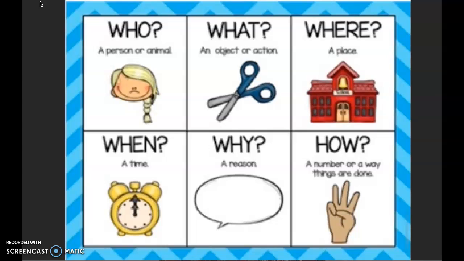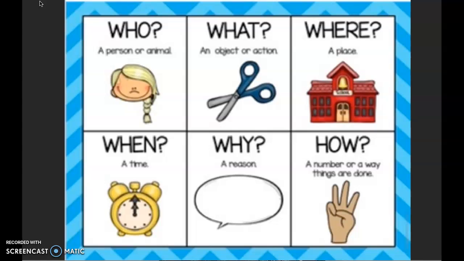ELA GSE 4 RL3. Describe in depth a character, setting, or event in a story or drama, drawing on specific details in the text. Compare and contrast two or more characters, settings, or events in a story or drama, drawing on specific details in the text.